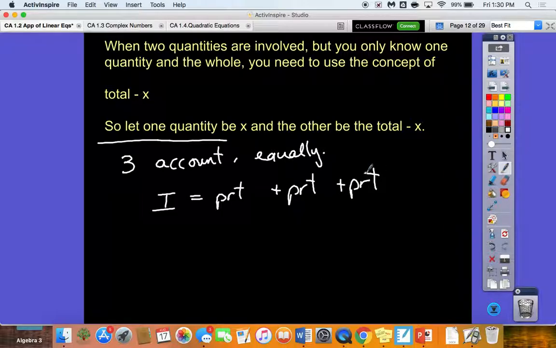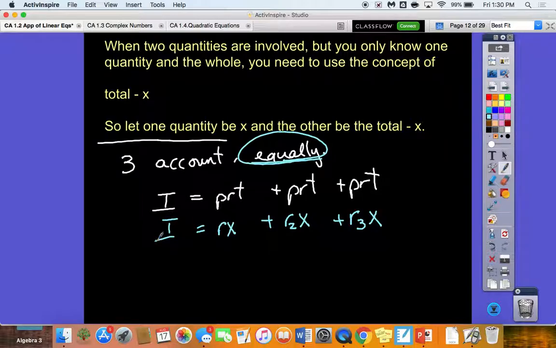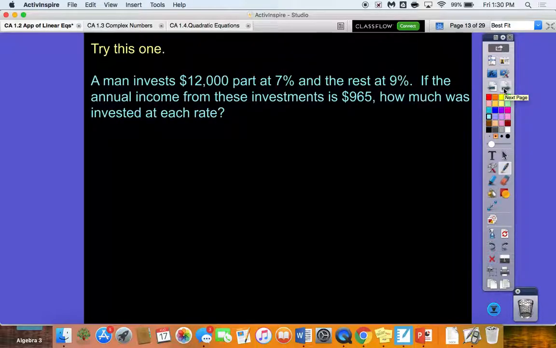But since they're equally distributed among 3, because you can't do x and total minus x if there's 3 of them, that means your principal is going to be x for every one of them because it's equal. So you're just going to have whatever your rate is times x, whatever your second rate is times x, and whatever your third rate is times x, and that gives you your interest. And don't be shocked if they give you some other information and ask, hey, what is the interest? They can ask you different questions. You're going to have to think.